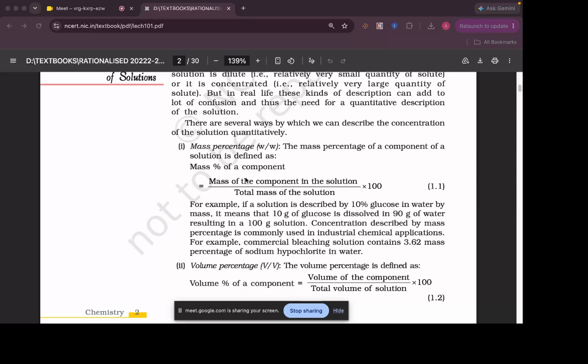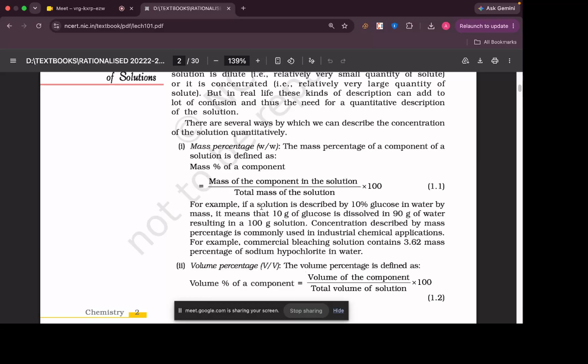First of all, you have to understand, first point. Second point, the method of understanding concentration is to read the example and know how we can write it in text format.